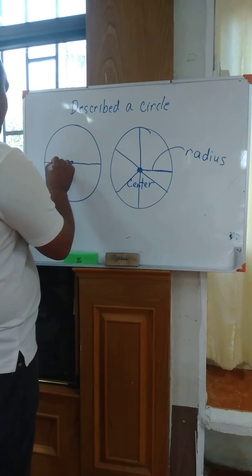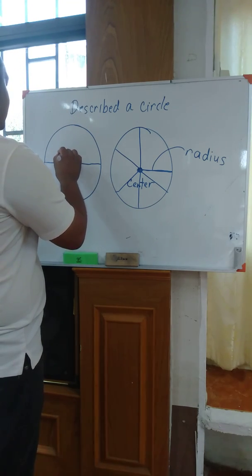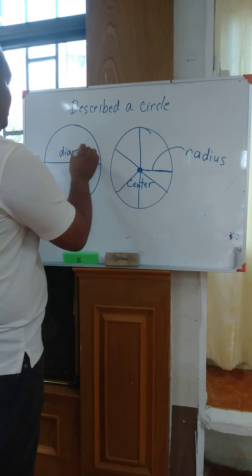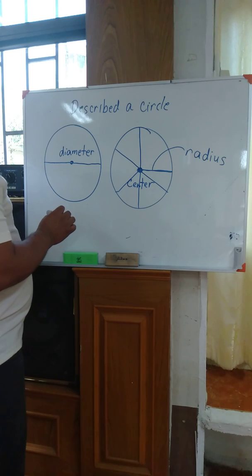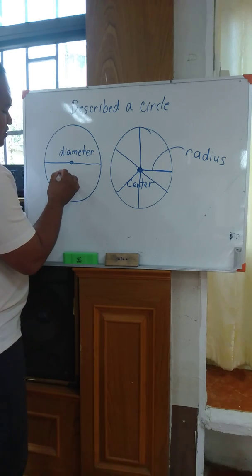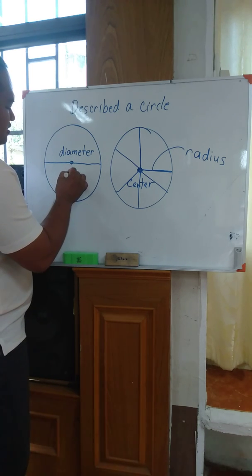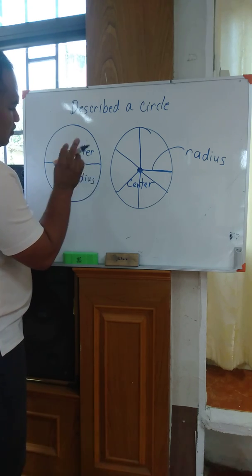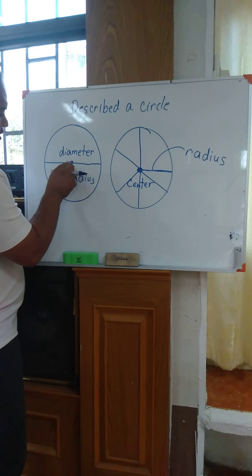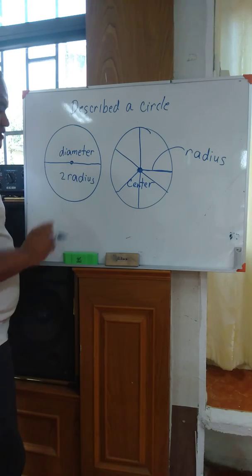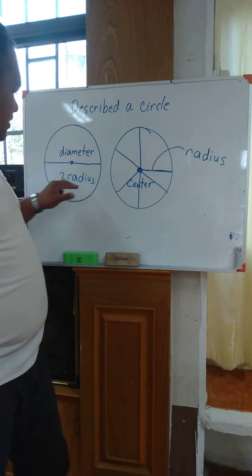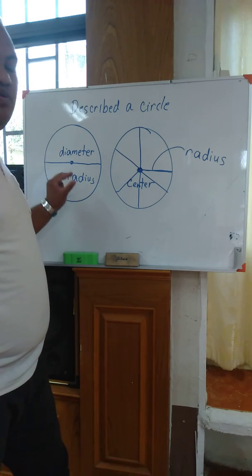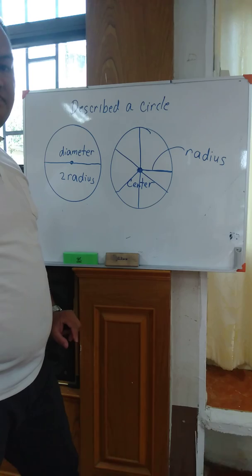It is what we call diameter. Okay, diameter is twice the radius. So one radius here plus another radius there, so two radius. So therefore, diameter is twice the radius.